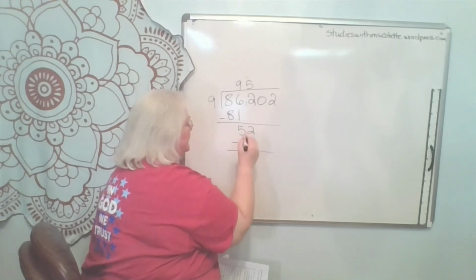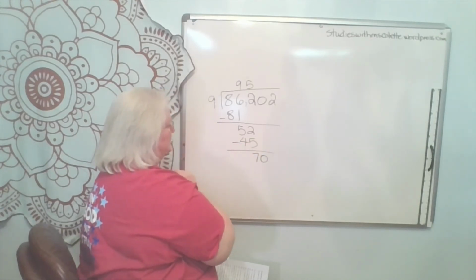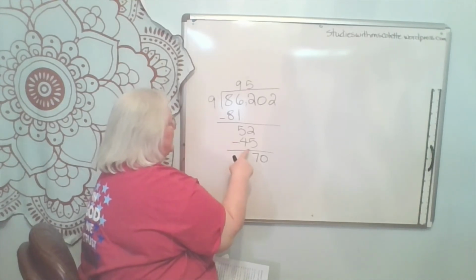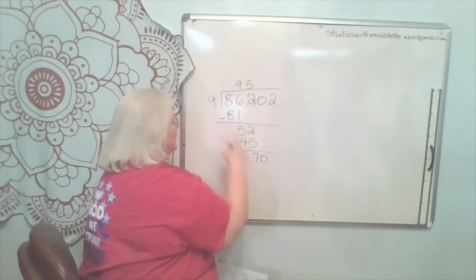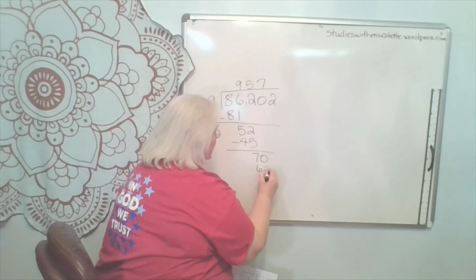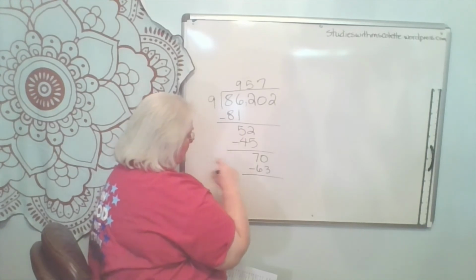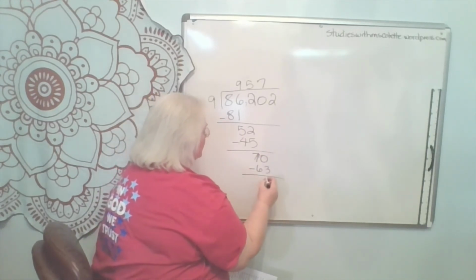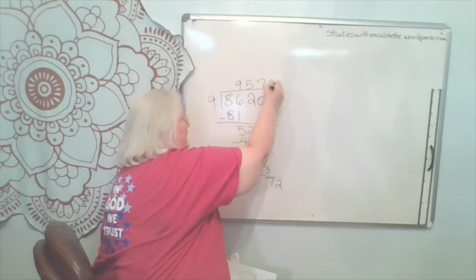When we subtract, we get 7. Bring down the 0. Make sure I'm right. Yeah. Okay. 9 will go into 70 7 times. 7 times 9 is 63. When we subtract, we get a 7. Bring down the 2. And 9 will go into 72 8 times.